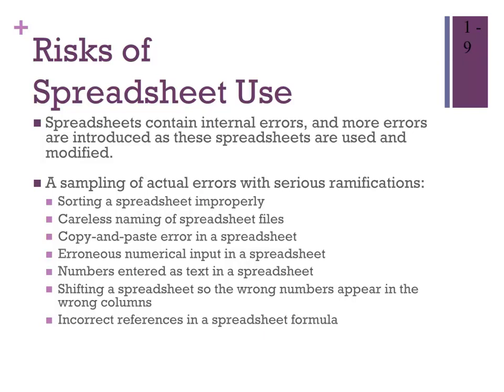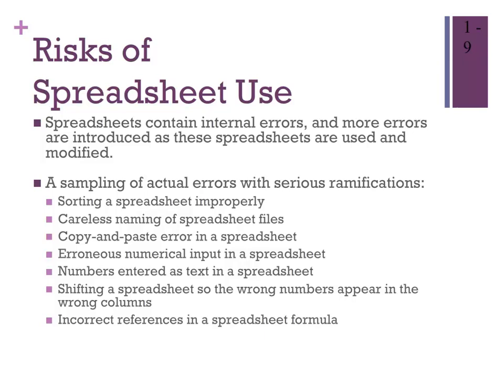If we look at a sampling of actual errors with serious ramifications: in some spreadsheets, the sorting works improperly. In others, you have a careless naming of the files. There's a copy and paste error. You have an erroneous numerical input into a sheet. Some of the numbers are entered into the spreadsheet as text, and when it comes time to do math on them, that math doesn't occur properly.